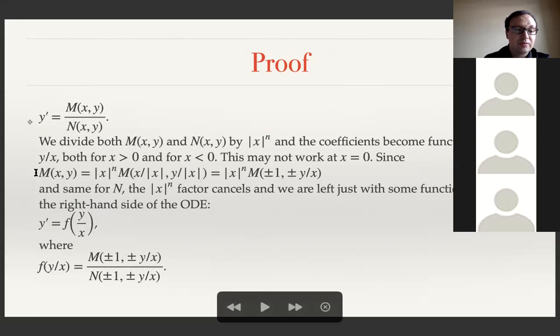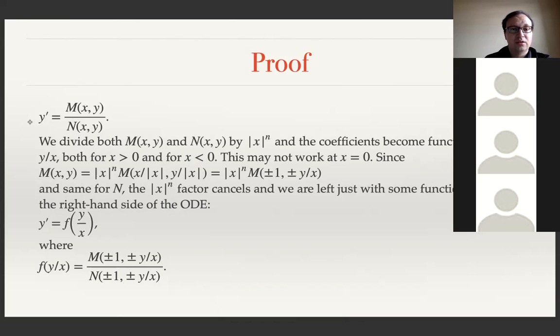Because m of x and y is a homogeneous function of degree n, and because absolute value of x is a positive number, we only want to do this when x is bigger than 0 or when x is less than 0. This method may not actually work at x equals 0. So extra care is needed at x equals 0, along the lines of what I told you about separable equations and so on.